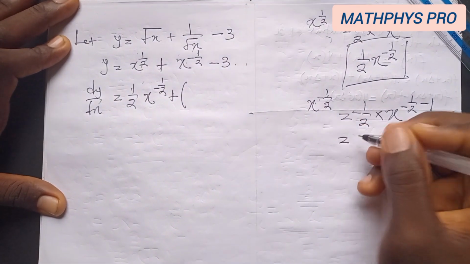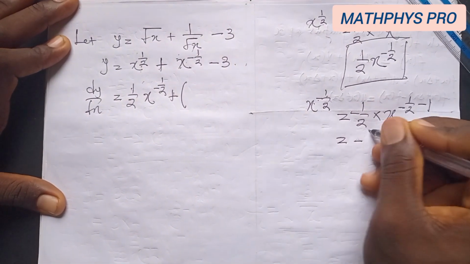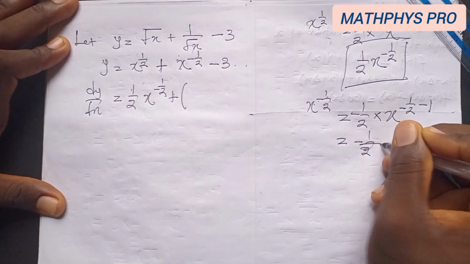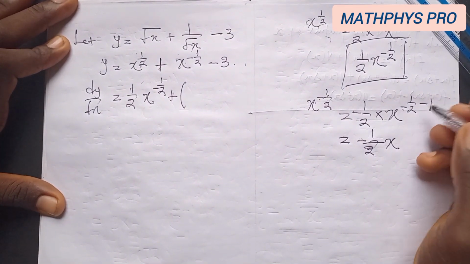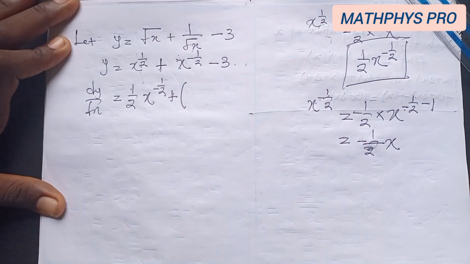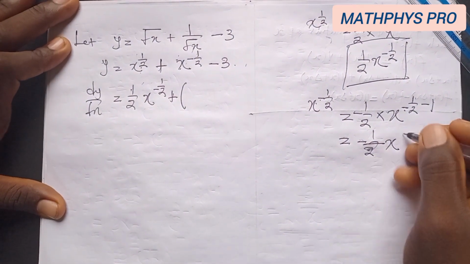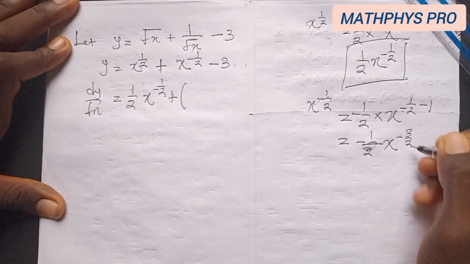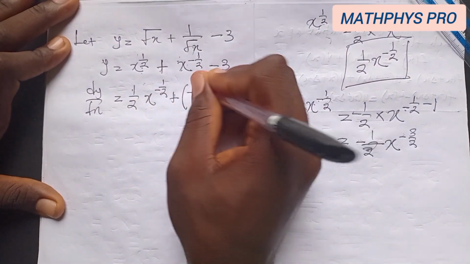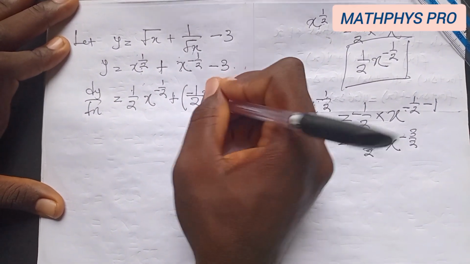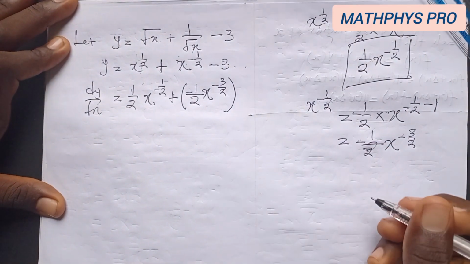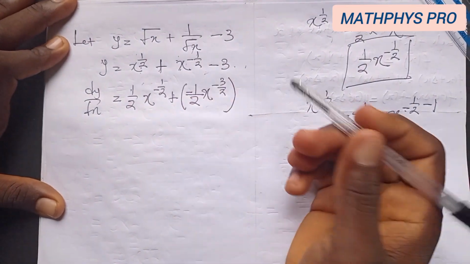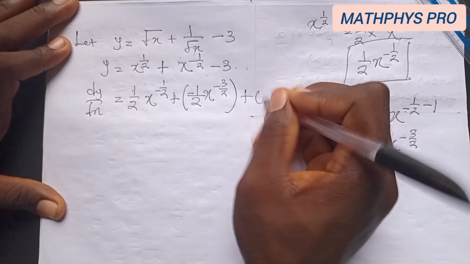So this will be equal to minus 1 over 2 x, minus 1 over 2 minus 1 will give you minus 3 over 2. So we can substitute here by writing minus 1 over 2 x raised to minus 3 over 2. If you differentiate minus 3, you get 0, since it's a constant.